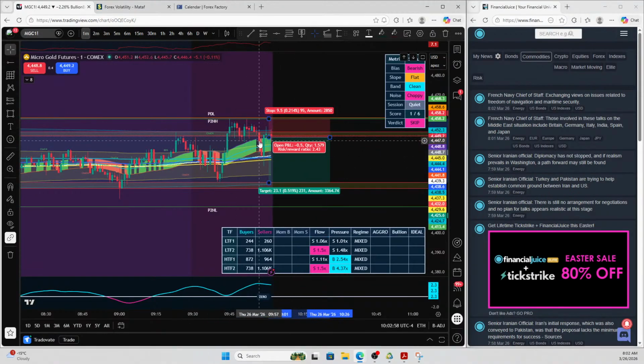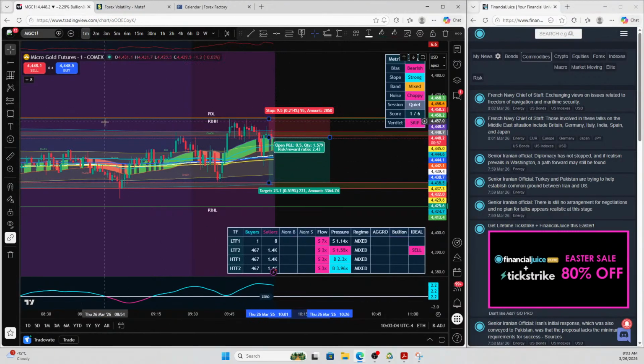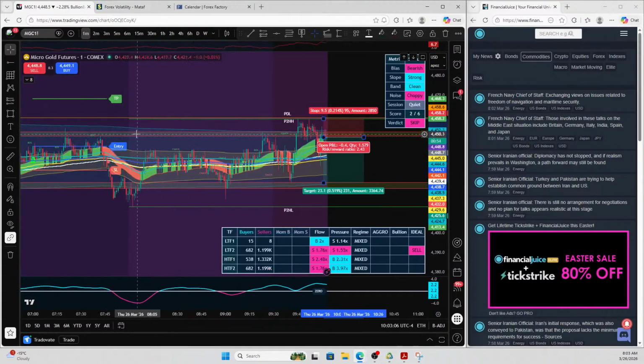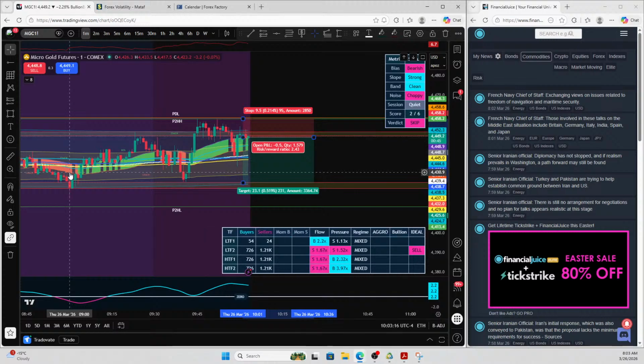What I want to see is, if price is in a range, this should push here. As you see, it's been doing that since morning. That's the kind of price we want to see. We want to see price coming back down, because the market is in a range, and we should see price coming to the other end.